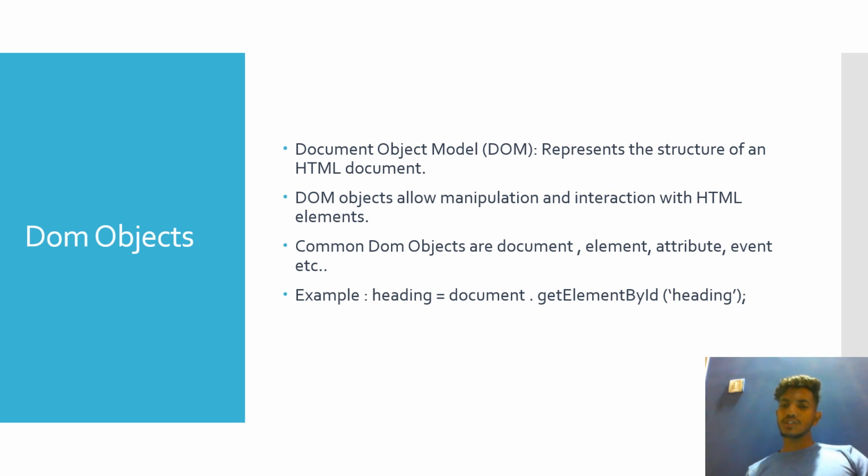Common DOM objects are document, element, attribute, event, etc. Example: heading is equal to document.getElementById.